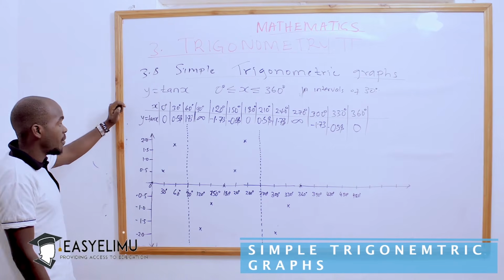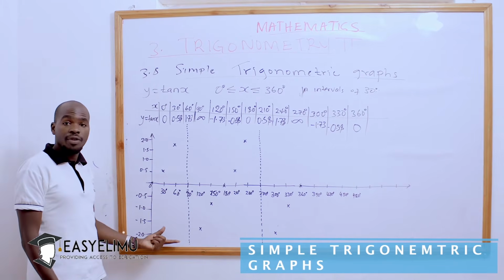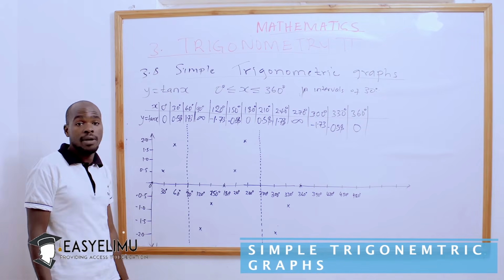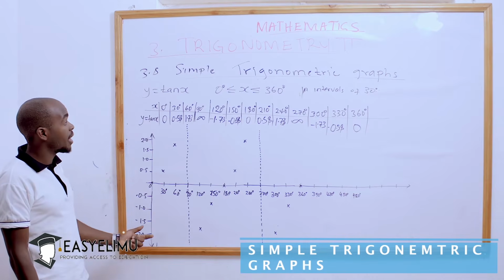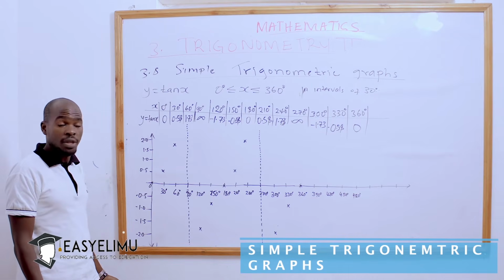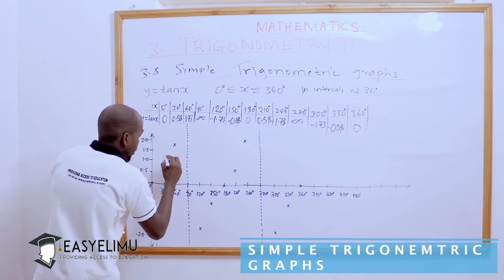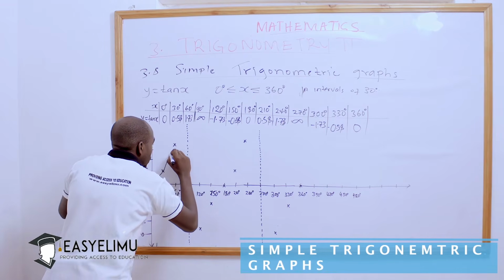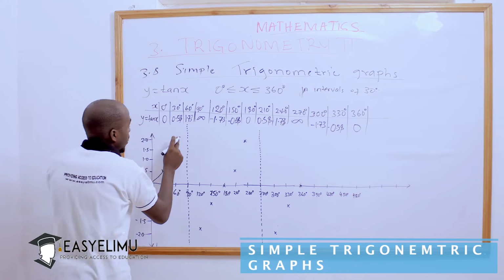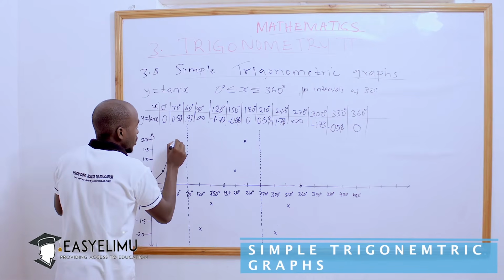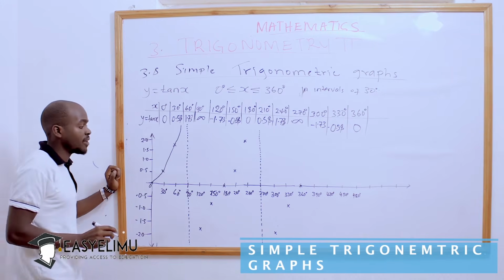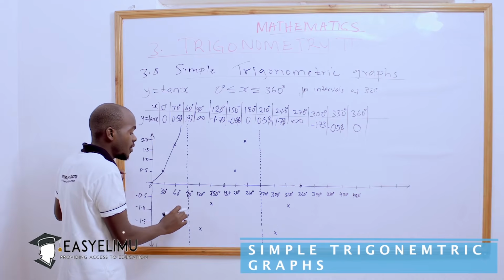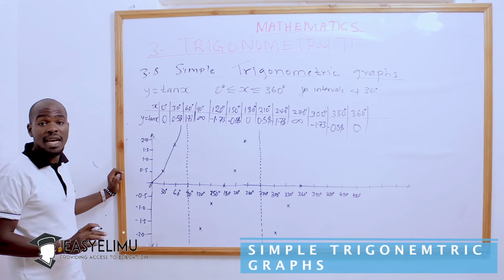On drawing the graph on my Cartesian plane, I will find the points located as they are, but the graph is not as smooth as it should be. It passes there, but as it approaches that point it becomes as if it is parallel to the line. It comes much closer to the line at 90 degrees, but it doesn't touch.